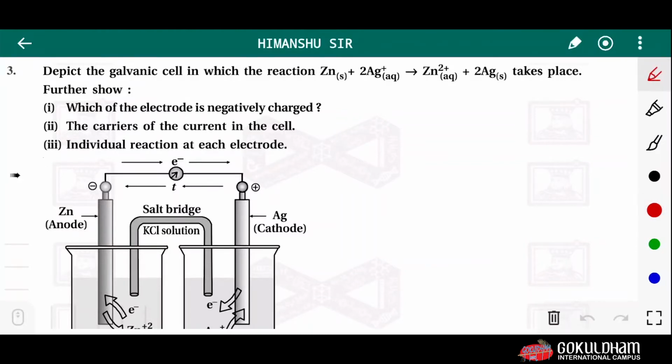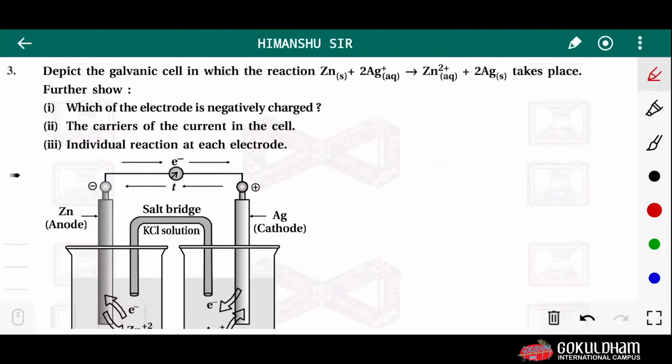You can see this zinc metal is converted into Zn2+, and 2Ag+ is converted into 2Ag, meaning zinc is showing the oxidation process and silver is showing the reduction process. So our first question is: which of the electrodes is negatively charged?